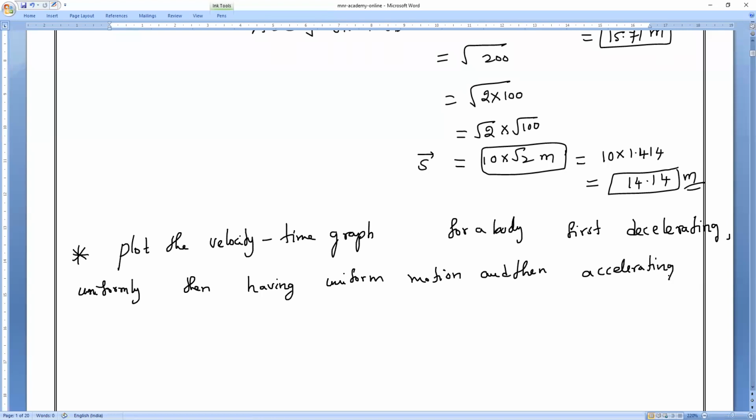Accelerating uniformly. Can you answer, please?